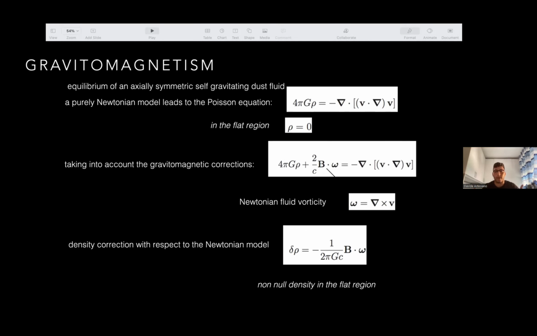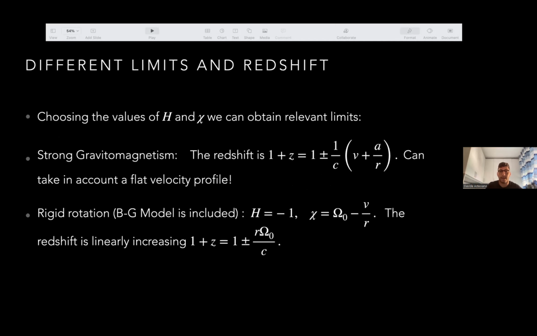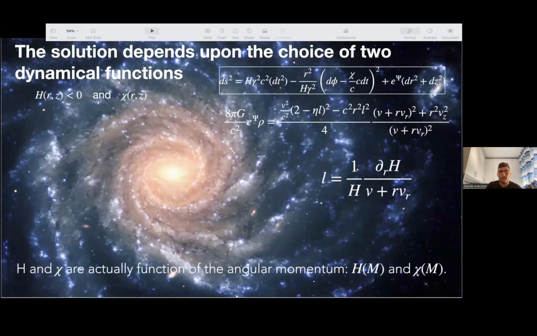You can find the density correction in general, just taking this rho and subtracting the Newtonian density. Actually, all Newtonian axisymmetric stationary systems are not physical because they are infinite cylinders. Everyone knows that. Of course, this just gets you the rough idea that locally we have this discrepancy.